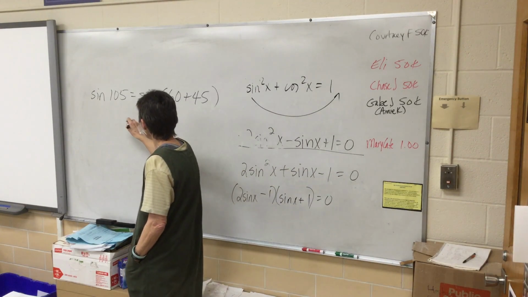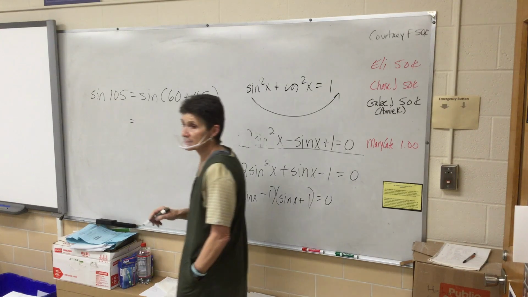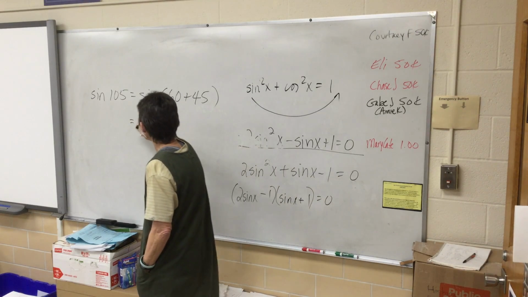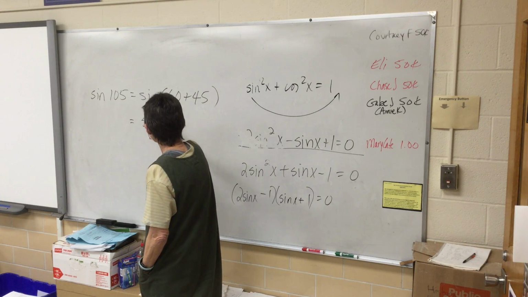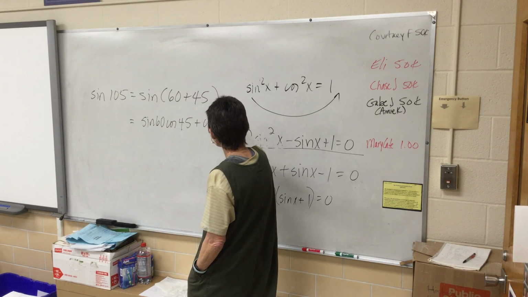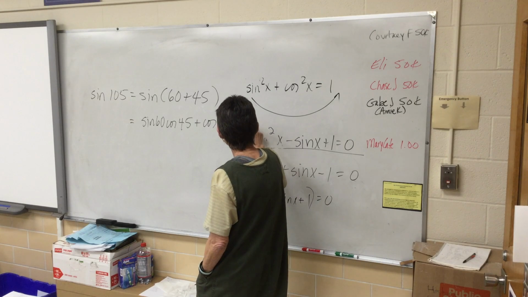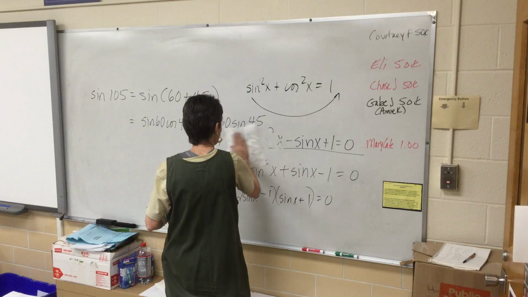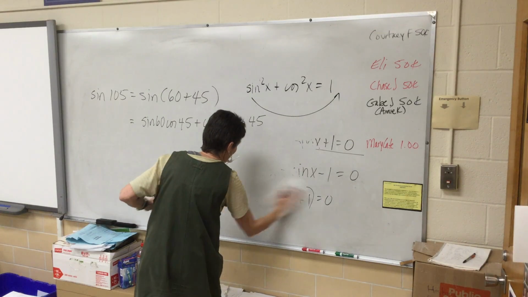So then I look at my note card. This is the sine of u plus v. So sine 60 cosine 45 plus cosine 60 sine 45. Just doing the u and v thing off my note card.